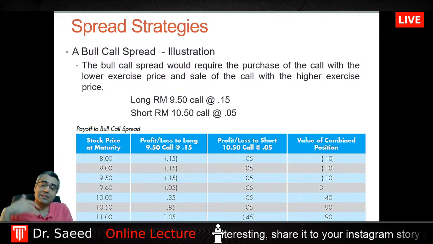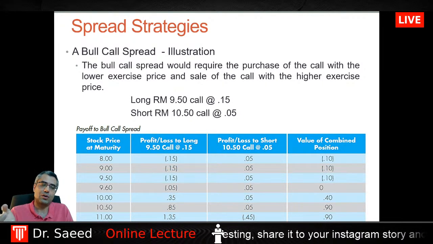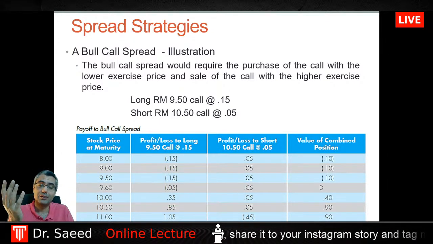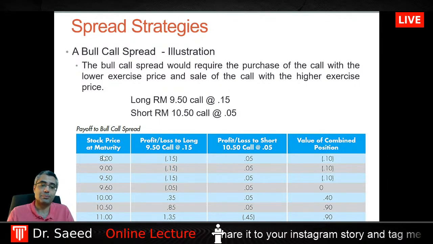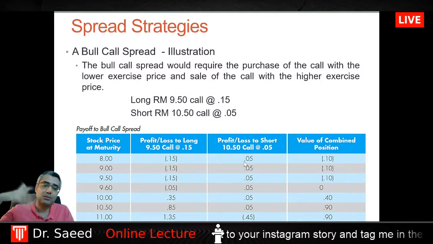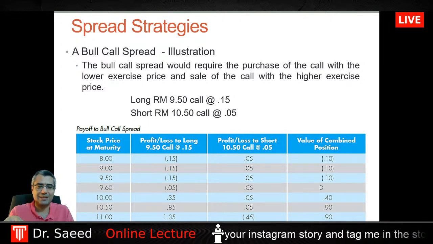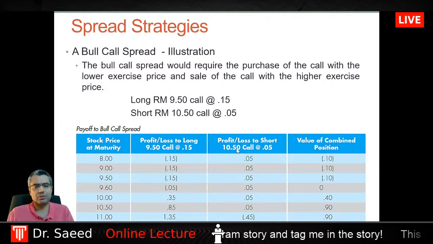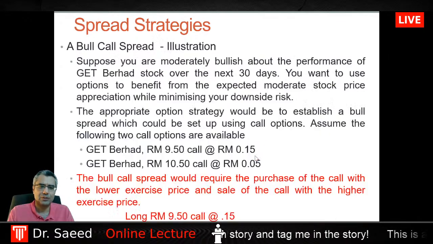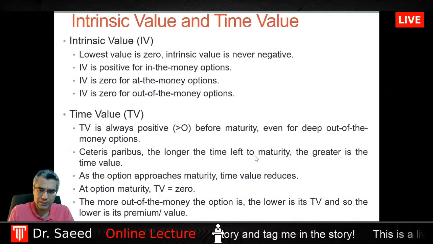Selling call means there is another party who is buying the call, and buying the call means the other person believes the price will go up, but actually the price went down. The price is 8, but the exercise price is 10.5. So the other party won't exercise the contract. As the seller, I will collect the premium. This is my profit. So my profit will be 5 cents, and the maximum profit for the seller is 5 cents. You remember I'm not teaching you anything new, guys.